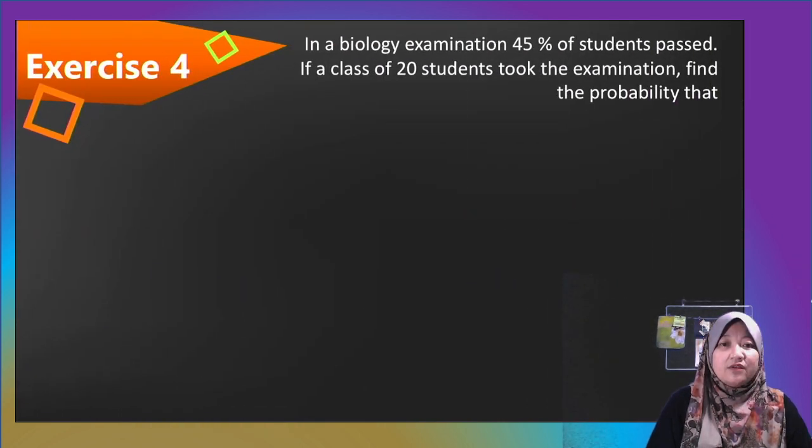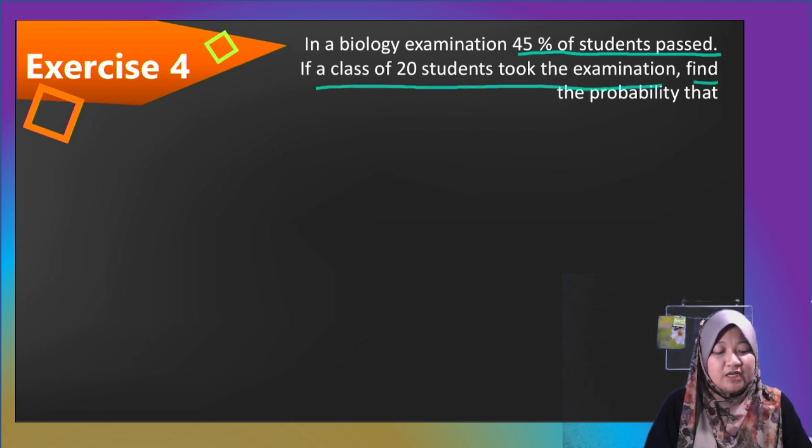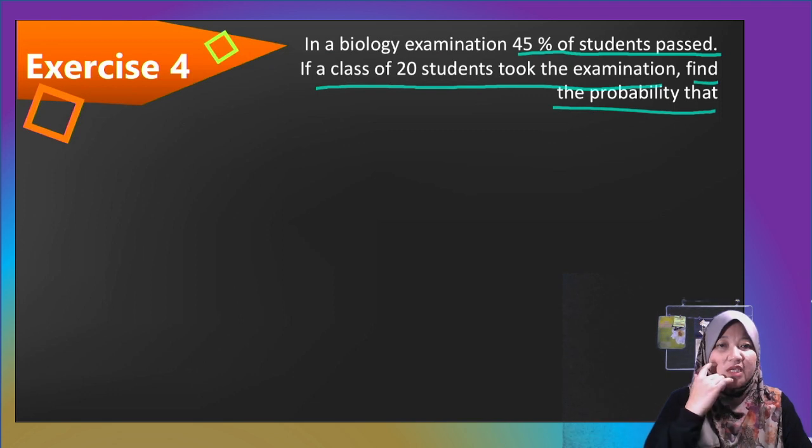Okay, exercise 4. In a binomial examination, 45% of students passed. If a class of 20 students took the examination, find the probability that. Okay, kita define dulu.